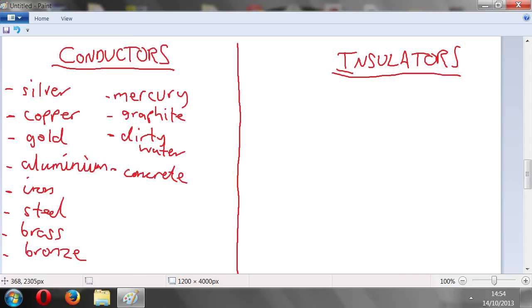Keep in mind that it doesn't necessarily have to be a metal that we're dealing with. Something can conduct without being a metal. It just so happens that metals are the bulk of the conductors. And what about insulators? As we said before, glass is an insulator.